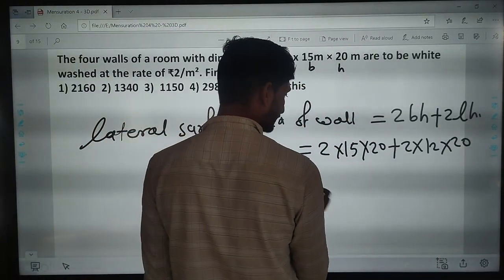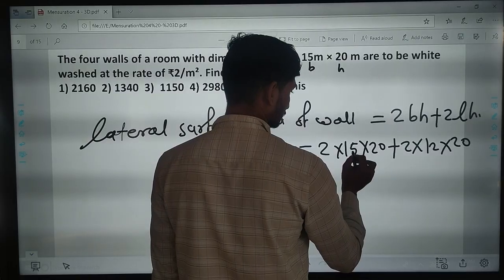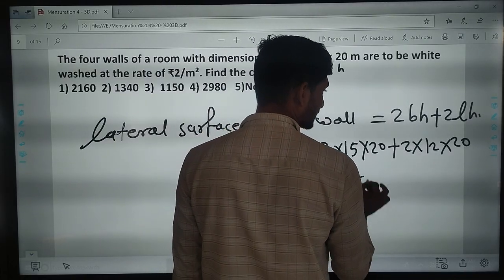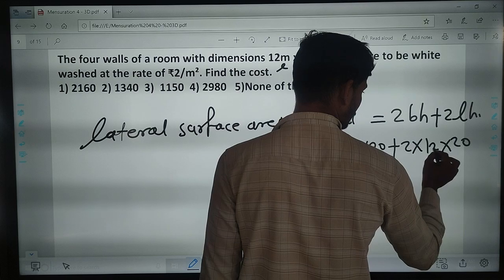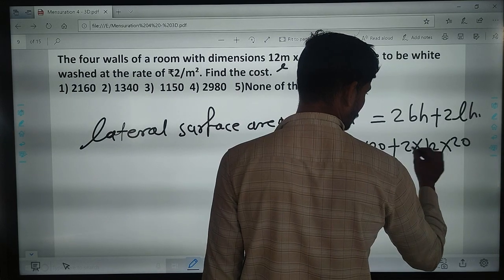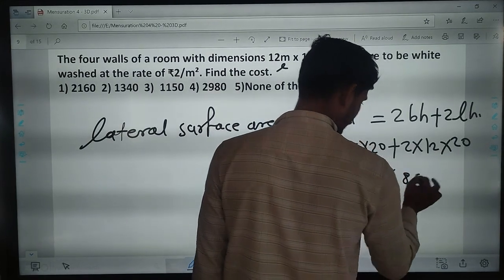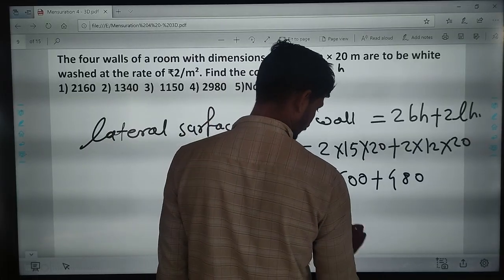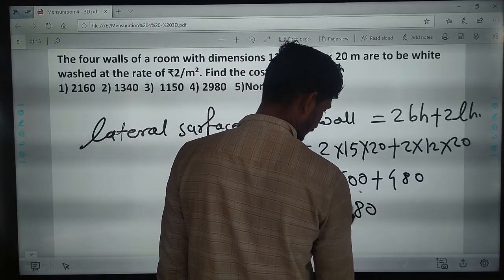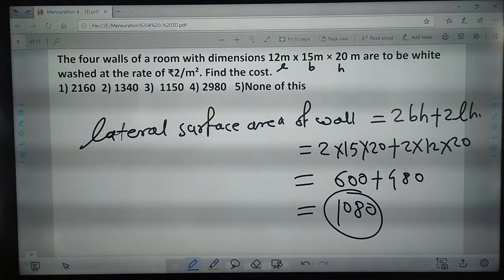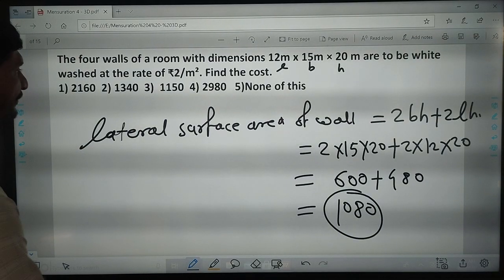Now here we write 600 plus, and this is your lateral surface area.